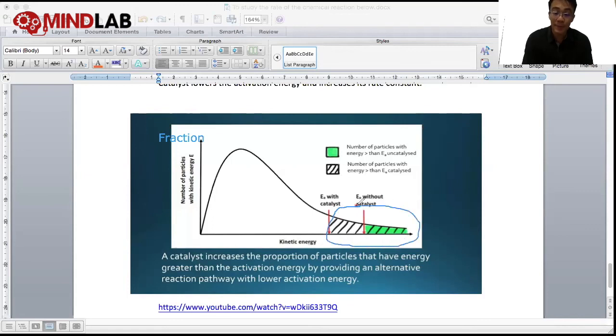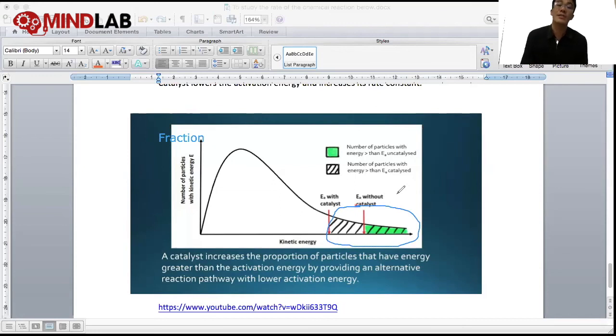A bigger area with at least the new lower EA means a greater proportion of molecules with at least EA, which leads to an increase in the frequency of collision between the particles. With the increase in frequency, it will lead to an increase in the rate of the reaction.